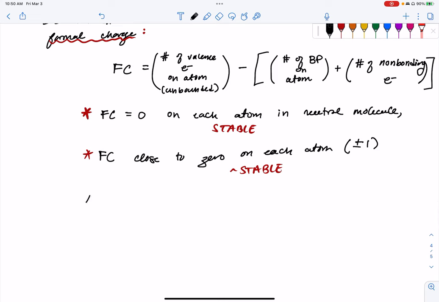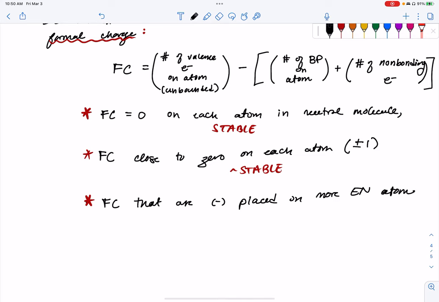And if we're looking at a molecule or compound that has formal charges that are negative, that are placed on our more electronegative elements or atoms, then this will also be a more likely stable resonance structure.